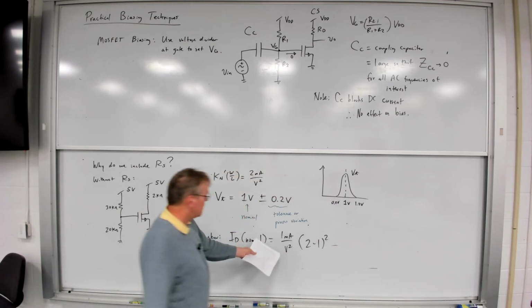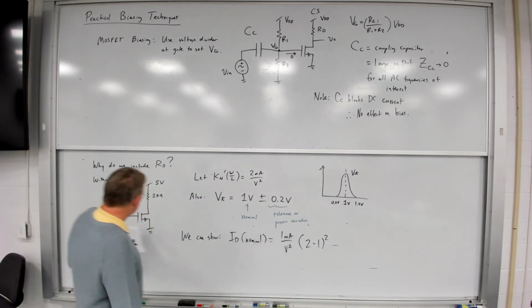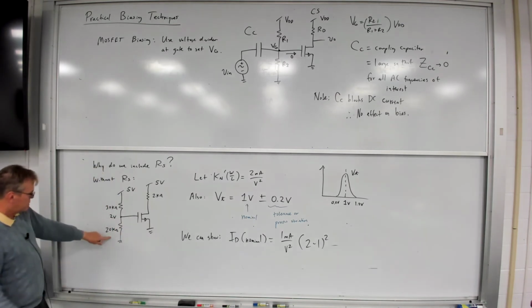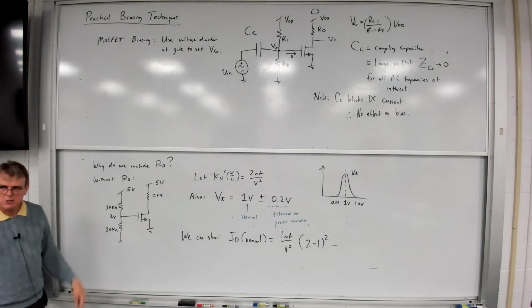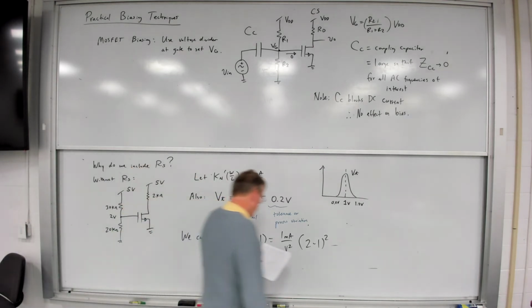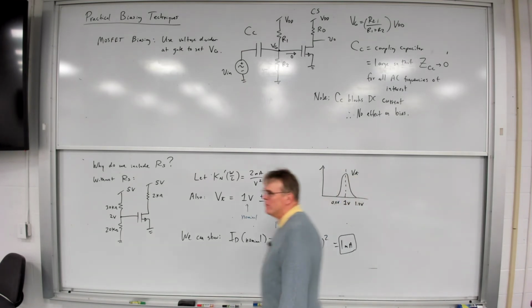It'll be 2 milliamps per volt squared divided by 2 times VGS. What is this? VG is 20K divided by 20 plus 30 times 5, so VG is 2 volts. And then my nominal current is 1 milliamp. So this is what I designed for.